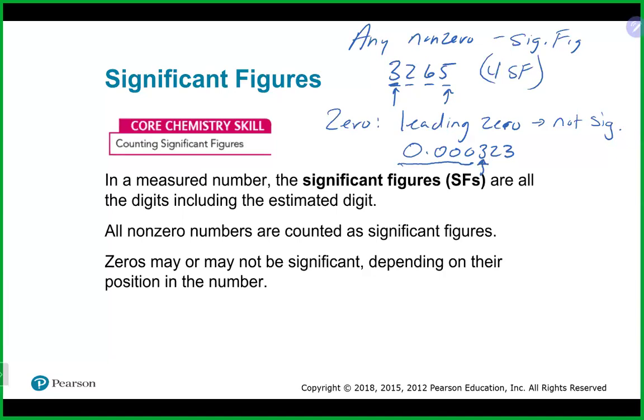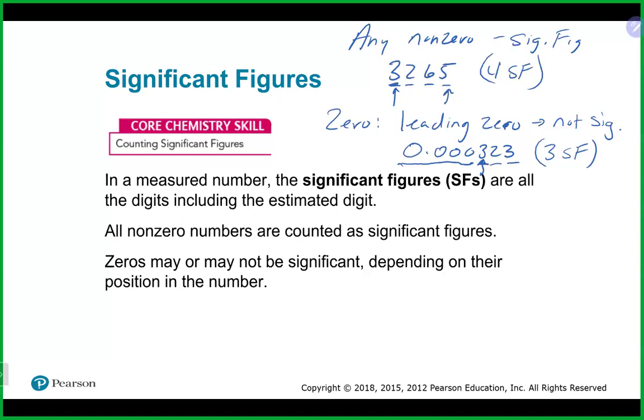As soon as I hit that first non-zero, now I'm counting significant figures. So that's significant. That's a non-zero, which means this guy's got 3 significant figures. All those zeros that come before are not significant because we have not really started counting yet. We haven't hit our first non-zero number, and we do not start counting until we hit that one. Any questions on that there?